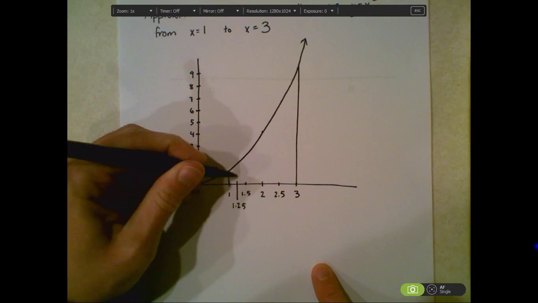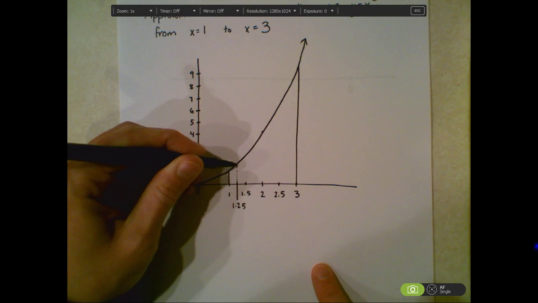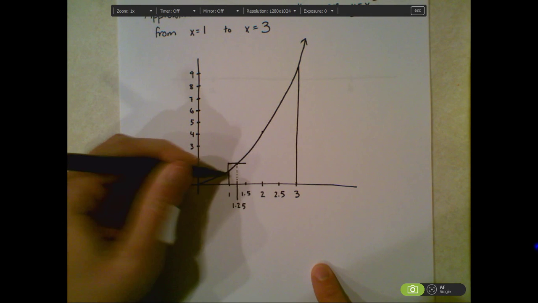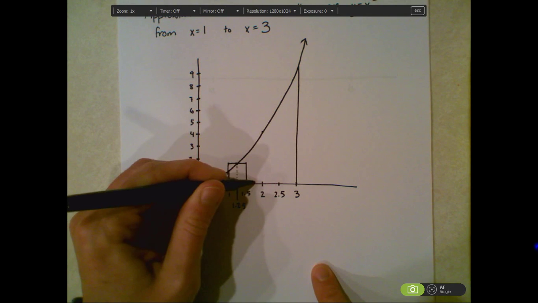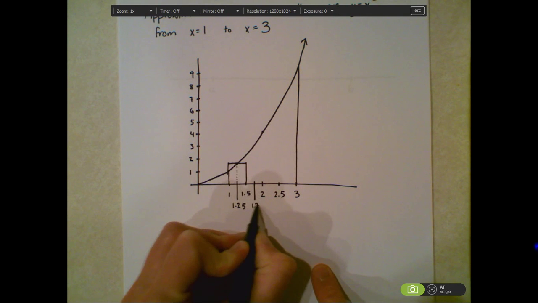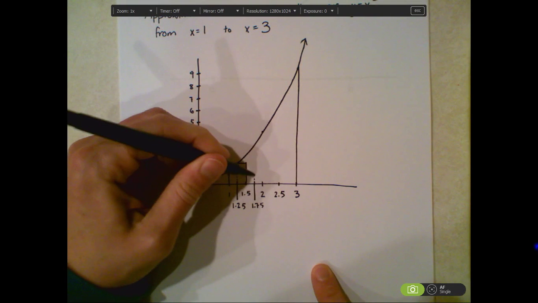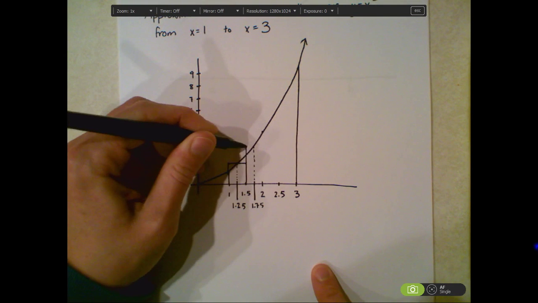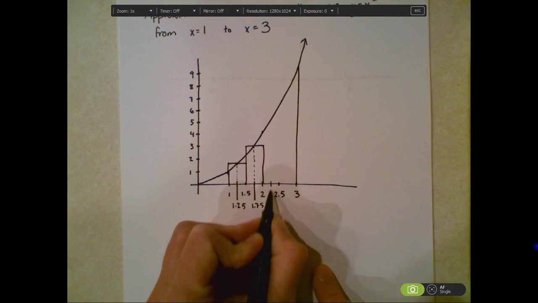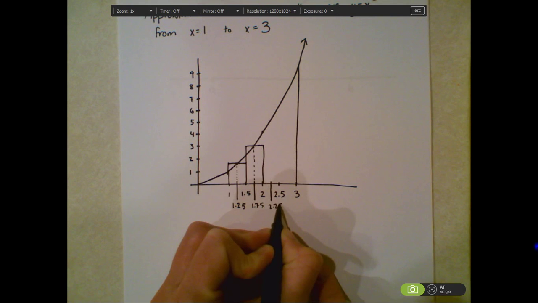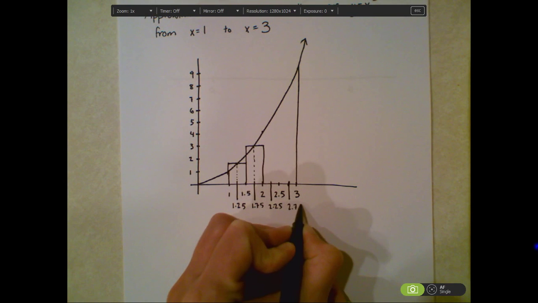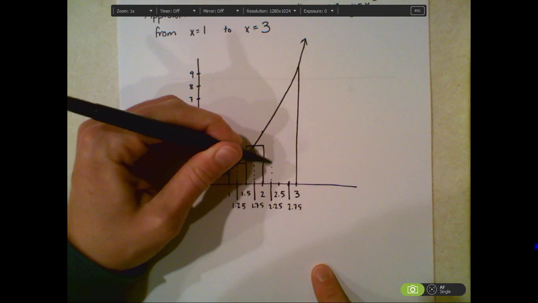So I'm going to go until I get to that functional value and make the height of my rectangle look like this. And then my next midpoint here is 1.75. And then my next one is 2.25, and my final midpoint is 2.75.